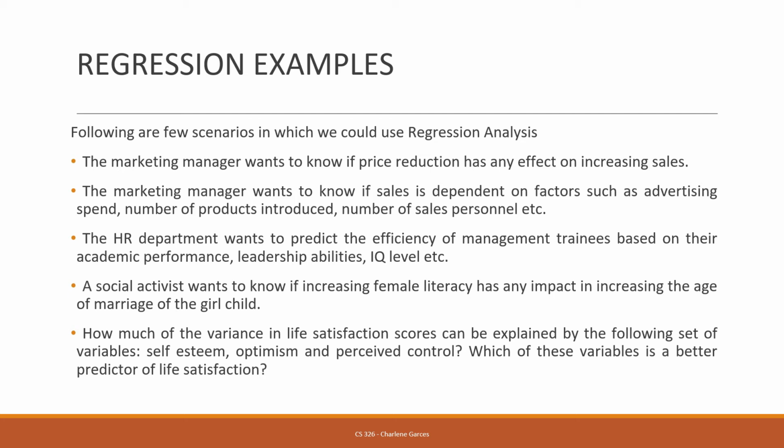And then we also have the marketing manager who wants to know if sales is dependent on factors such as advertising spend, number of products introduced, number of sales personnel, etc. So sales here is the dependent variable, and then we have multivariate regression, based on how much advertising you put in, the number of products introduced, and the number of sales personnel.